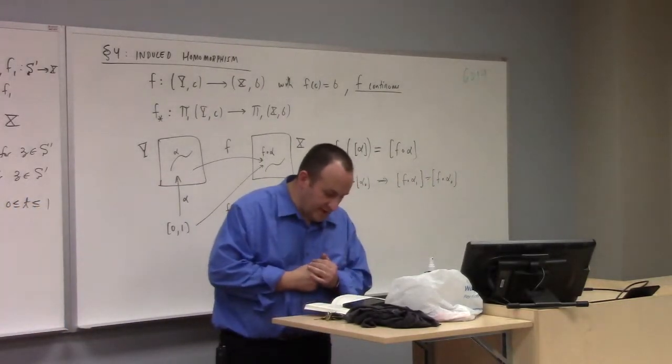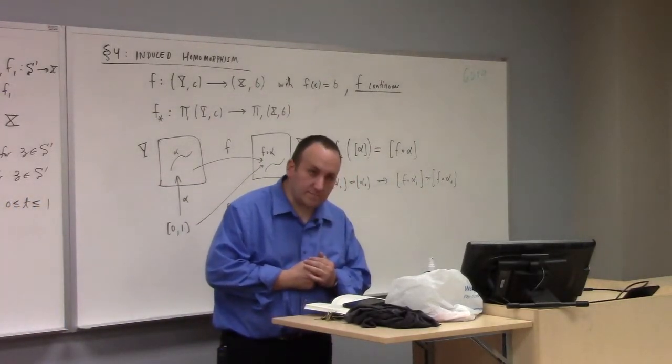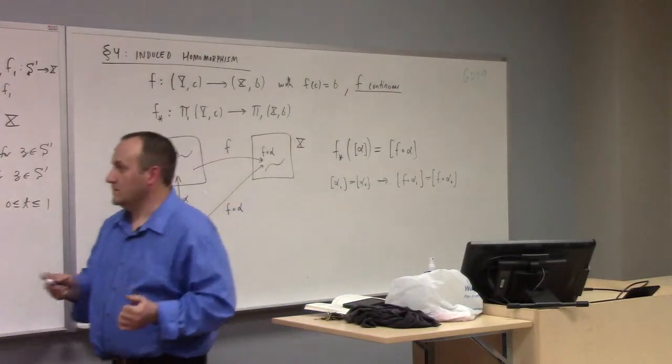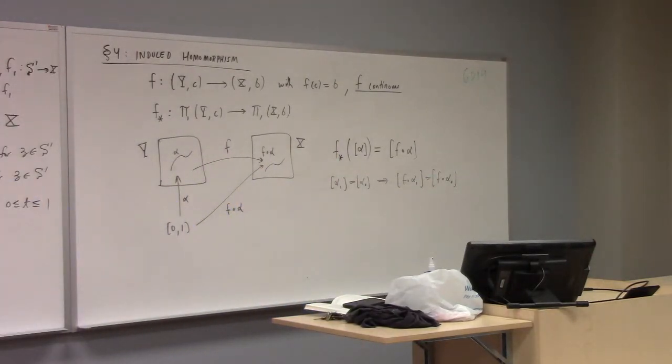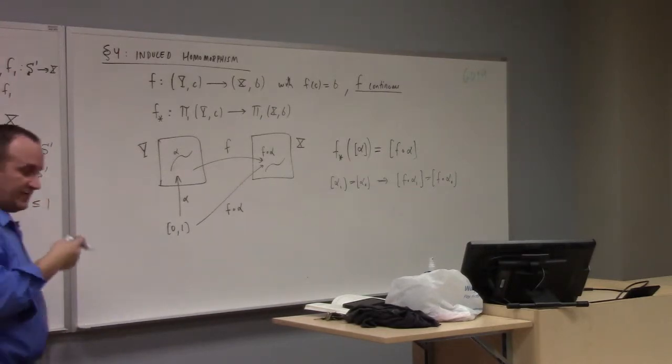He proves that it's a homomorphism, right? And he argues f star of alpha beta is equal to f star of alpha, f star beta. So it's a homomorphism, right?